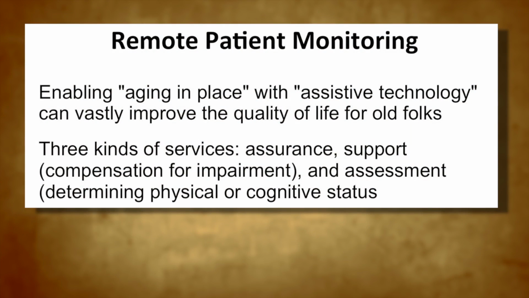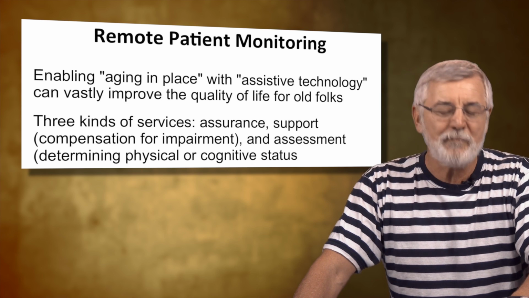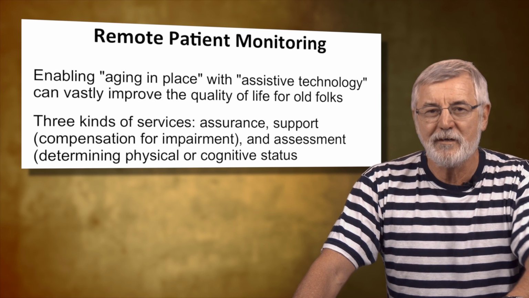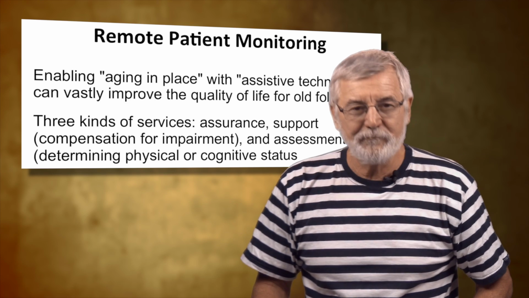But the obvious one is to treat people with sensors and have them activate messages when they have certain kinds of physical states. We're seeing a lot of developments in remote patient monitoring technology, where you put various kinds of sensors or assistive technology, you sort of put the collar on grandma, to be blunt about it, so that you can let her age in place rather than having to be in a nursing home.